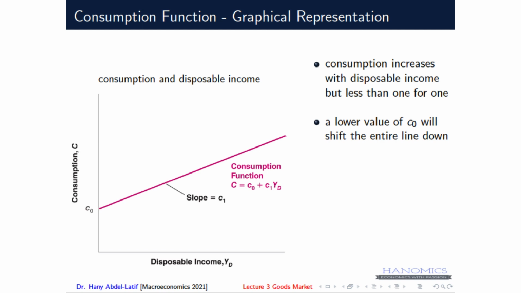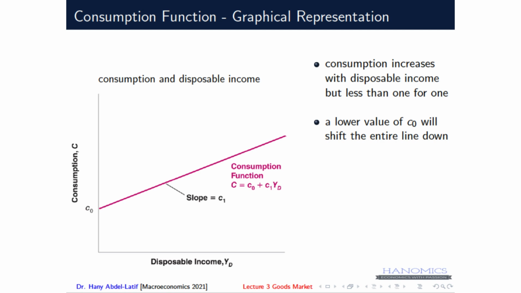However, the position of that line will be determined by the level of C0, or the level of consumption when disposable income equals 0. As you can see on this graph, C0 determines how high or low that consumption line or consumption function would be. So these are two important things we should learn from this graph.